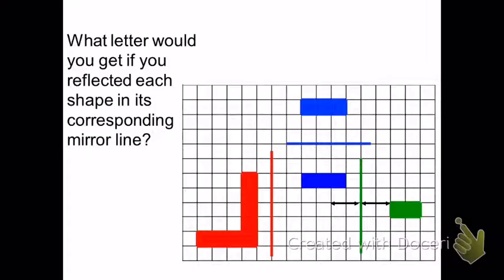The green one, we're going to flip over the green line. And then the red one. The pre-image and the image have to be the same distance from that mirror line.